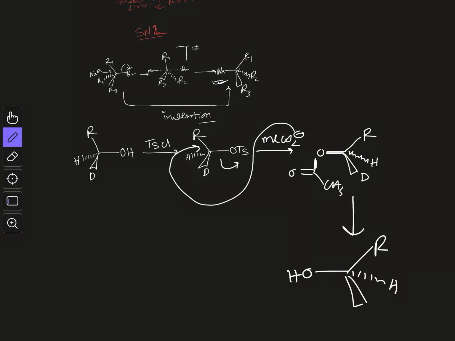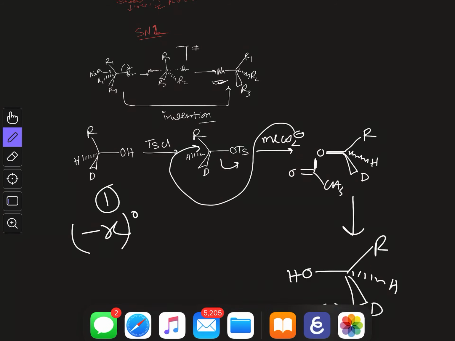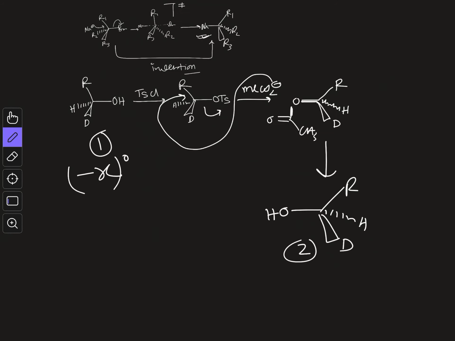Now if you take these two molecules, this molecule 1 and this product 2, and if you measure their optical rotation in a polarimeter, let's say for 1 you get minus x degree in the polarimeter, so you will get exactly plus x degree rotation for this one, and this proves that the inversion occurs, because you can see this bond we didn't break in the reaction, we break only this bond.